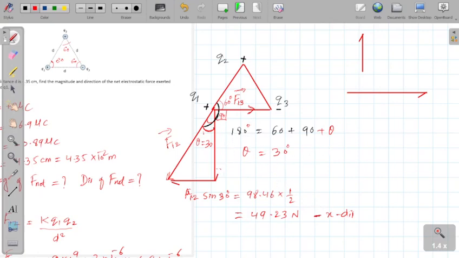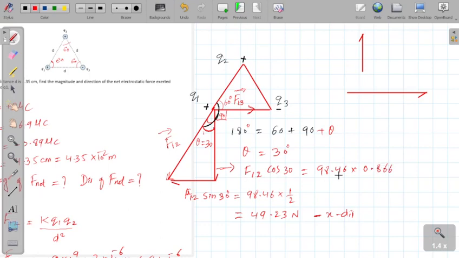Now, what will be the other component? This will be equal to F12 cos 30 degrees, which is 98.46 multiplied by 0.866.